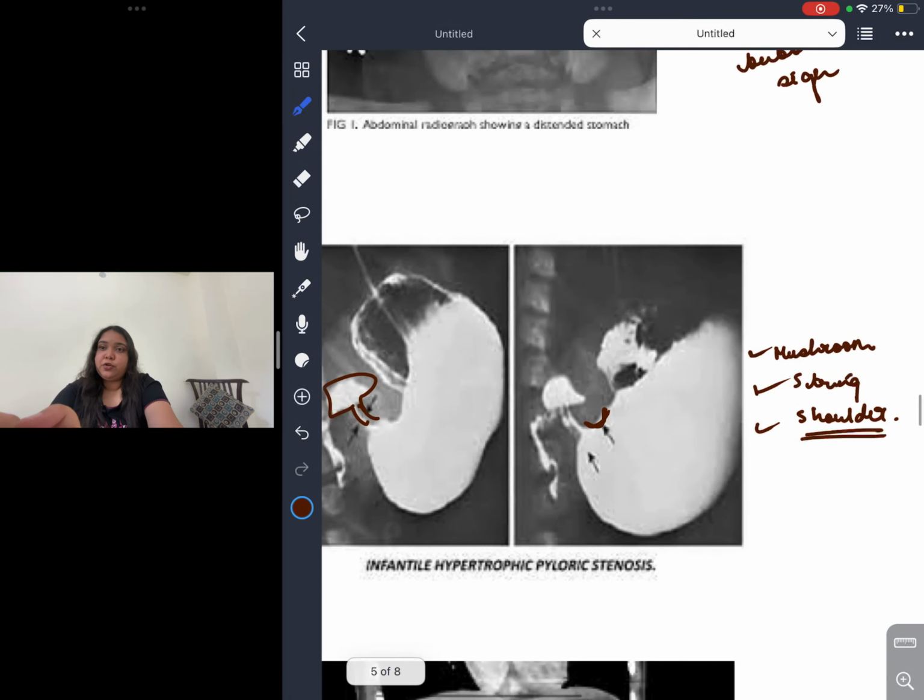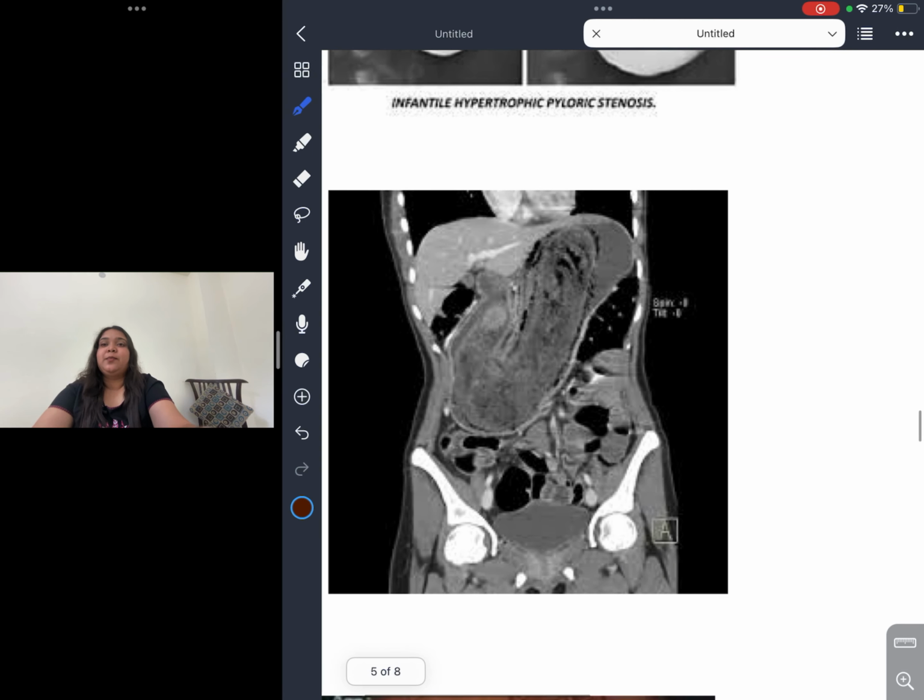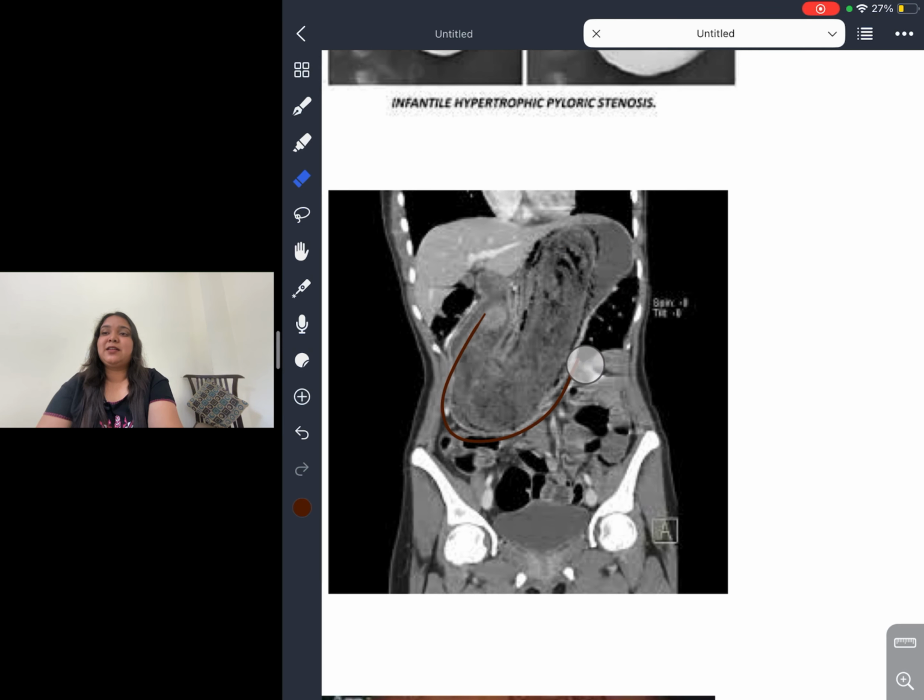Now if I go to the next image, if you see, it looks like something is present in your stomach. This is an abnormal thing, right? It looks like something is stuck in the stomach. This is nothing but hair. This is hair present in the stomach of a patient. What it is actually called is a trichobezoar.